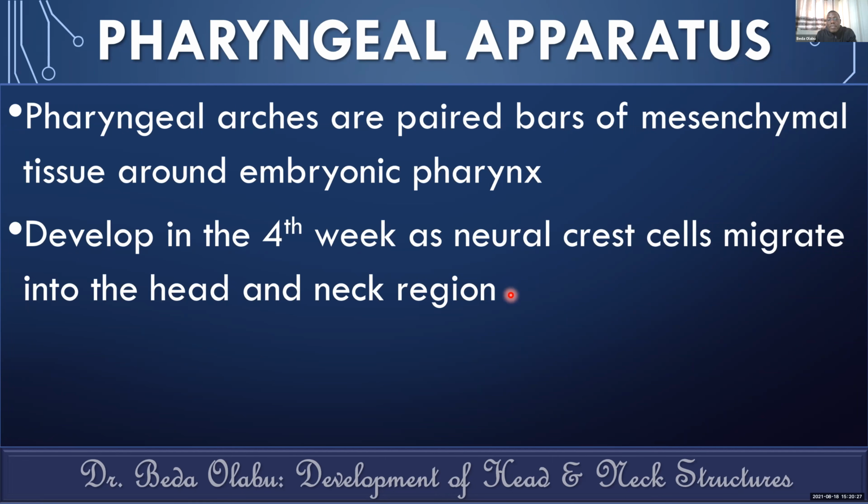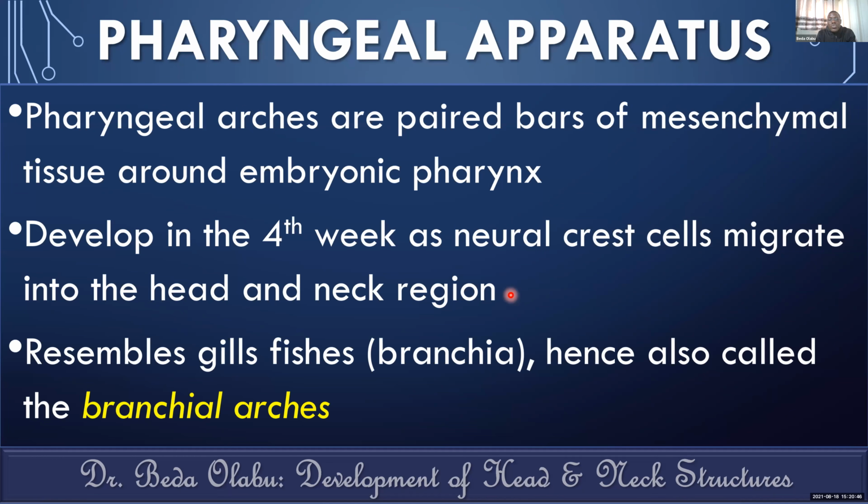So as mesenchyme grows in the head and neck region, the developing head and neck of the baby, it will exist in form of some paired bars. And those are the ones you're calling pharyngeal arches. These bars usually resemble the gills of fish, if you've seen one. And those gills of fish are the ones we call branchia. For this reason, the pharyngeal arches are also known as the branchial arches.